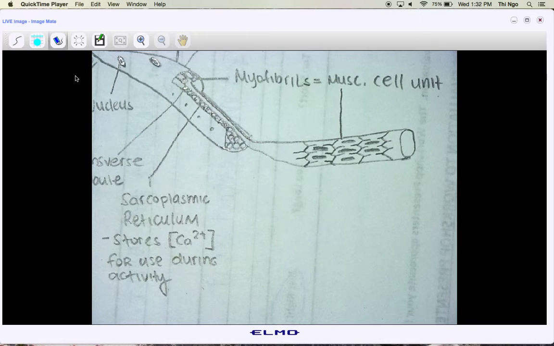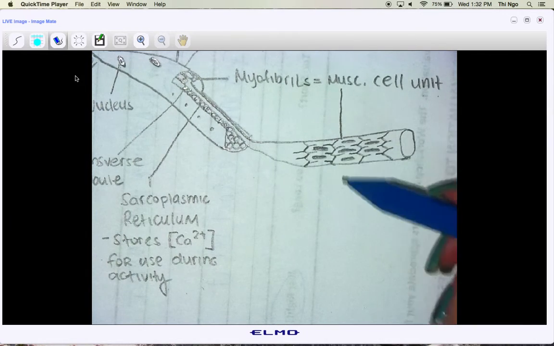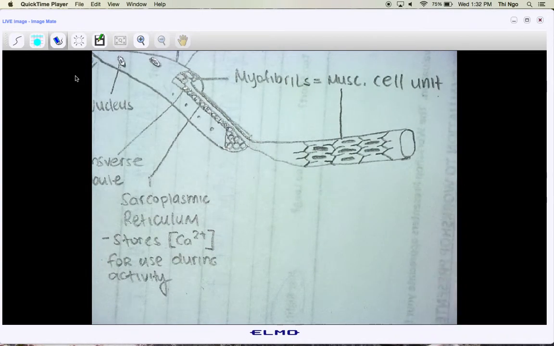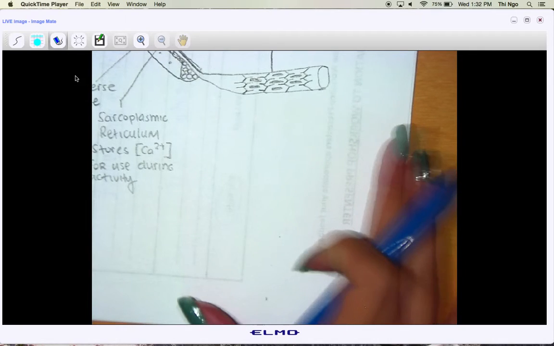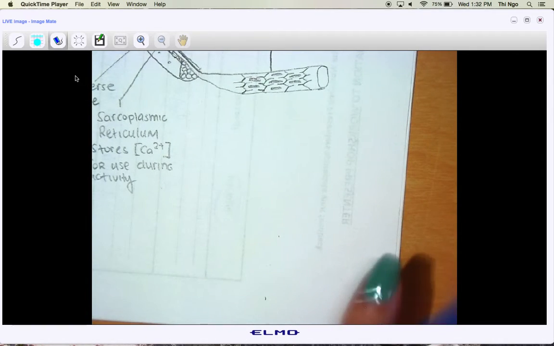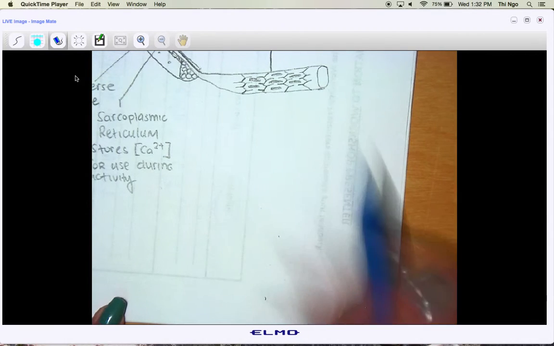And what I'm going to do is I'm going to redraw this, but bigger, just so that I can label everything. I have a little corner left in the bottom right. If you have space, you can draw in that corner too, or you could move to any other corner. So I'm going to redraw the actin filament bigger.